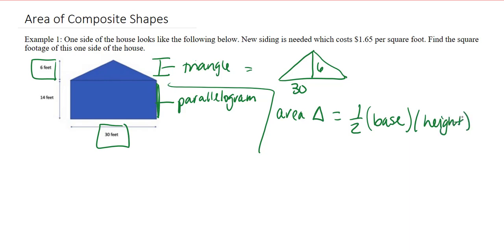So let's fill this in. The base is going to be this 30, and then the height is this 6. So the area of the triangle is 1/2 times 30 times the height, which is 6.